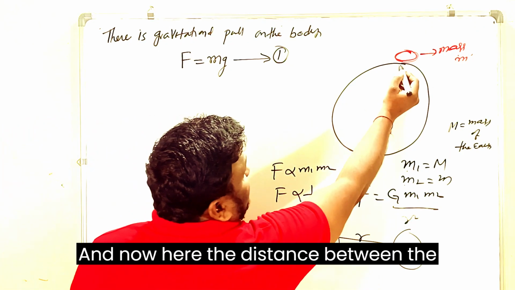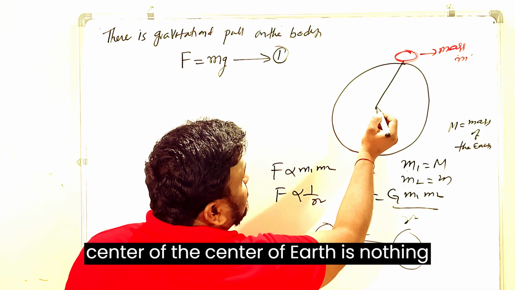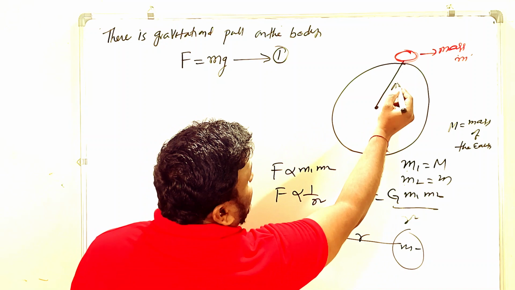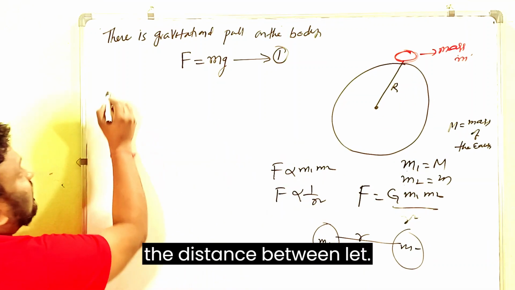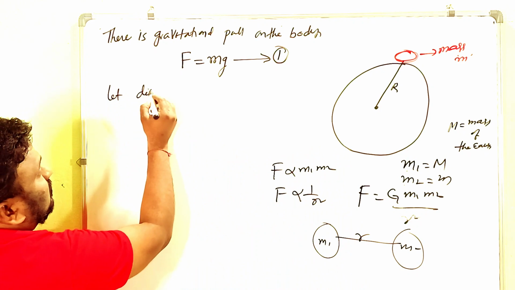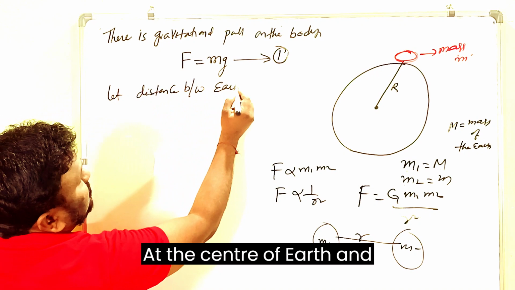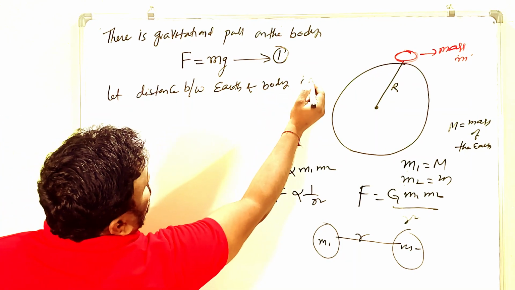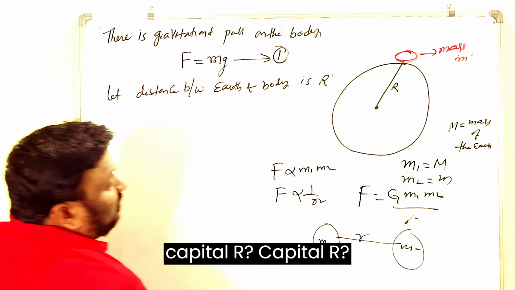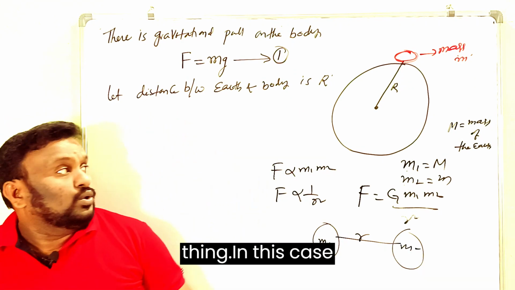And the distance between the object and the center of the earth is here R. The distance between the center of the earth and the body is capital R.